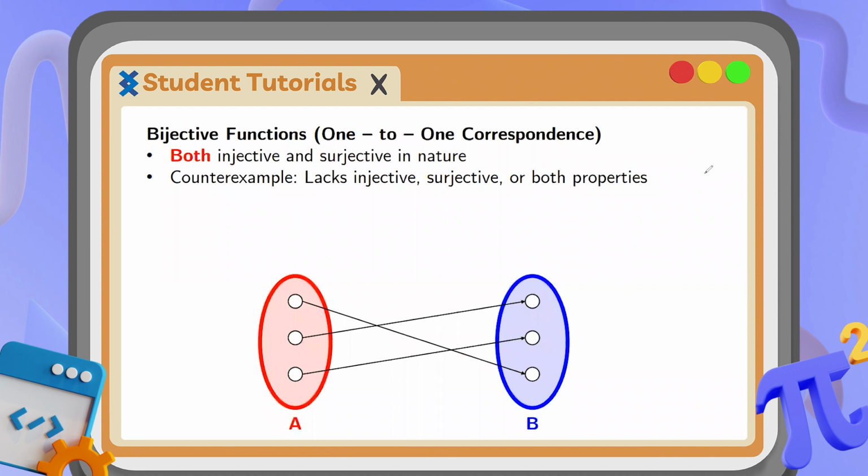So now let's actually combine injective and surjective functions together to form bijective functions, or a one-to-one correspondence.